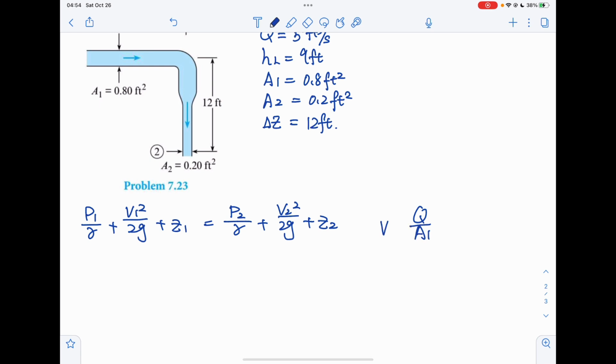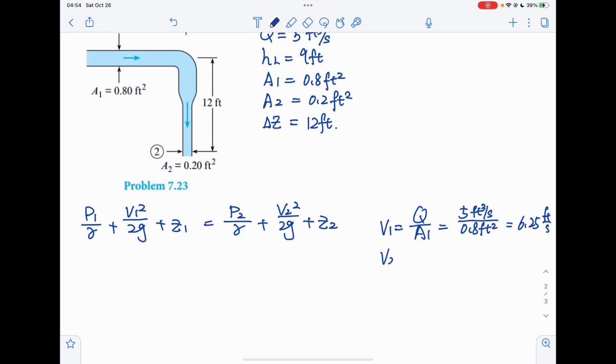But we do have the discharge, so we're gonna find Q over A1, so that's your V1, which is gonna be 5 cubic feet per second over A1, which is 0.8 feet squared. So this will give us 6.25 feet per second.